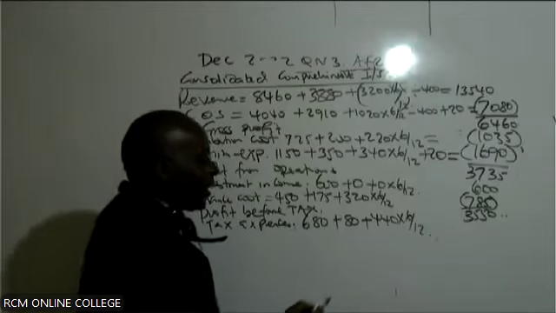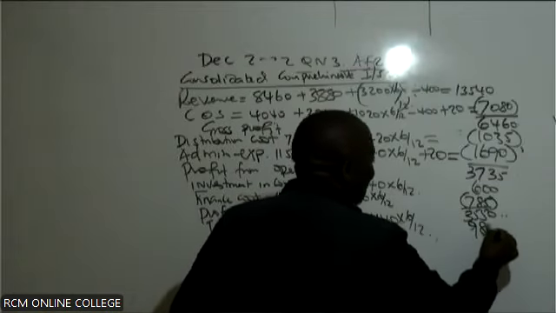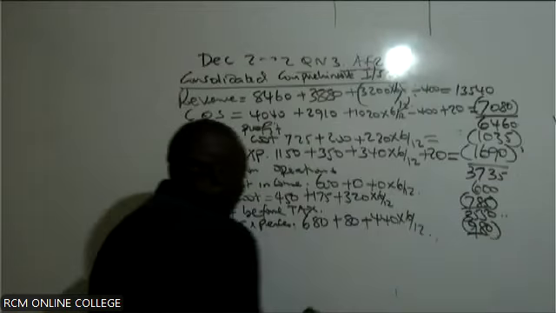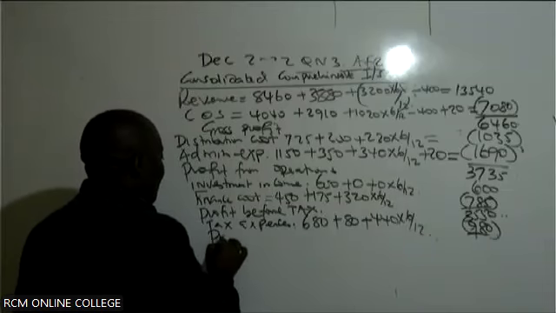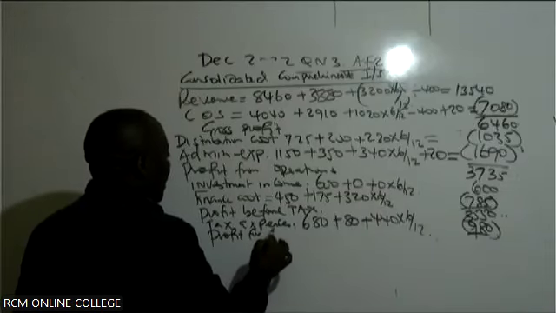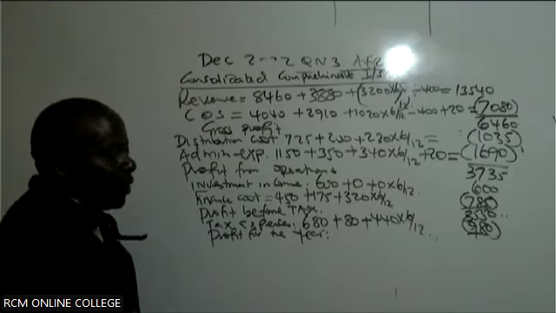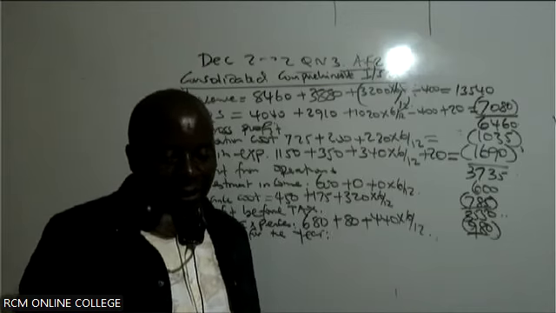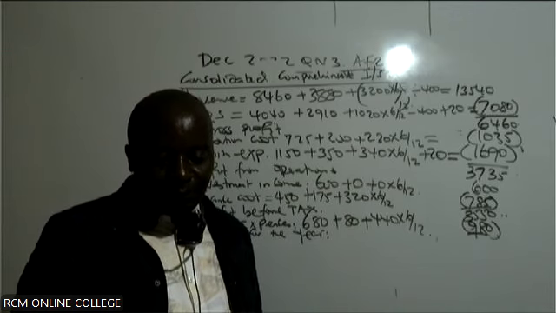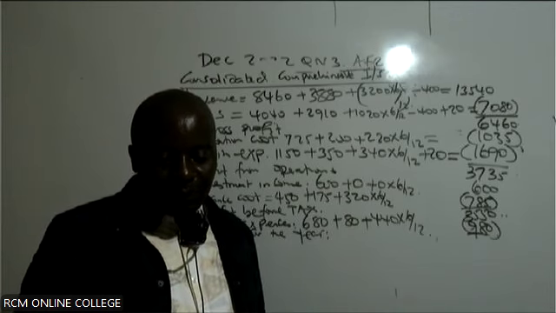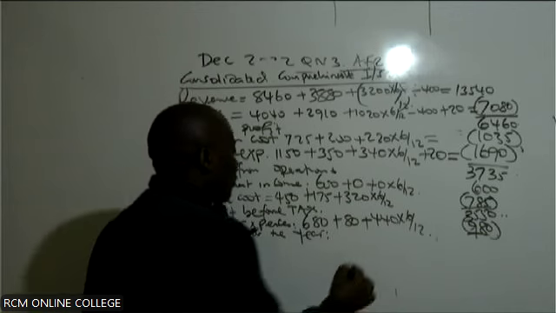So come and give us profit for the year. You simply subtract. So we have 2570.